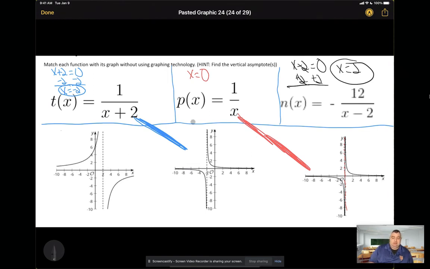And if I look at the remaining graph here, does this have a vertical asymptote at x equals 2? It indeed does. So the third function matches with the first graph. So that's how vertical asymptotes work.